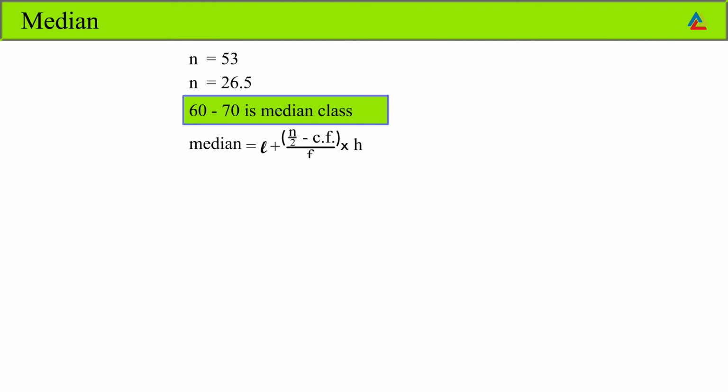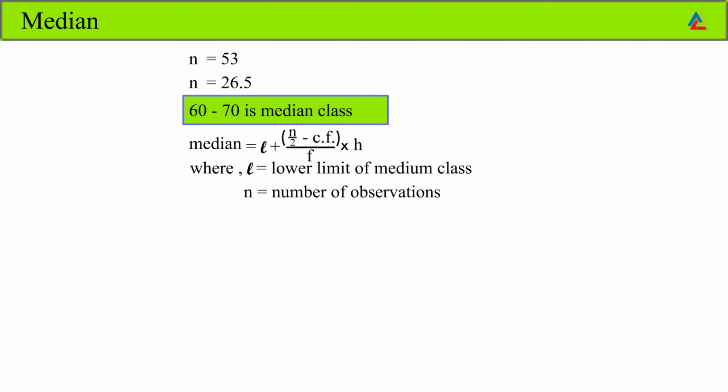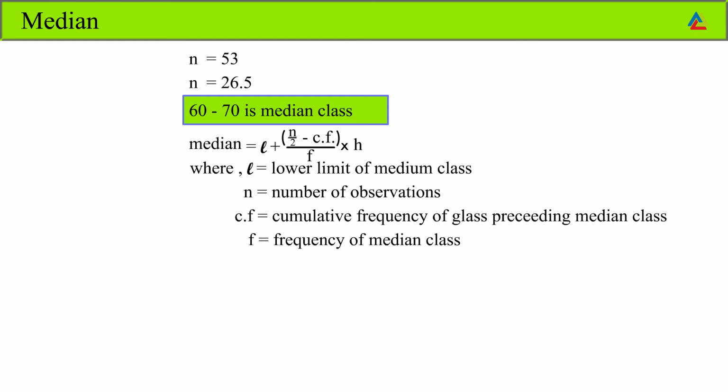Median can be calculated using this formula. Here, L is the lower limit of median class, N is the number of observations. Cf is cumulative frequency of class preceding median class. F is frequency of median class. H is class size. Upon substituting the values, L is equal to 60, N is equal to 53.